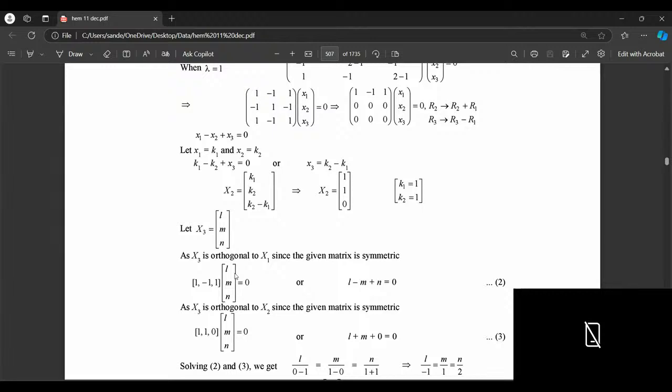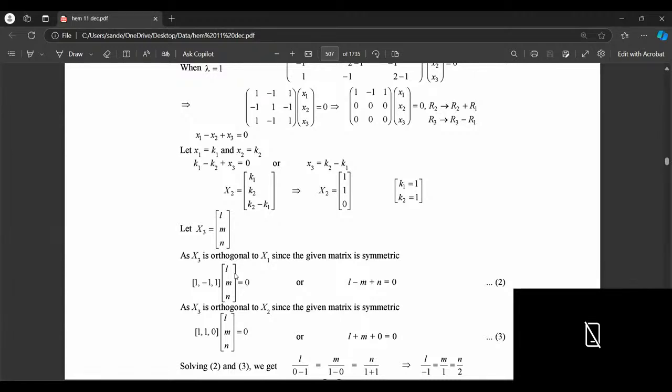Then x3 is orthogonal to x2. The matrix is symmetric, we know. So you get the row matrix 1, 1, 0, the transpose of x2, times x3, the column matrix L, M, N. So you get another equation, L + M + 0N equal to 0.